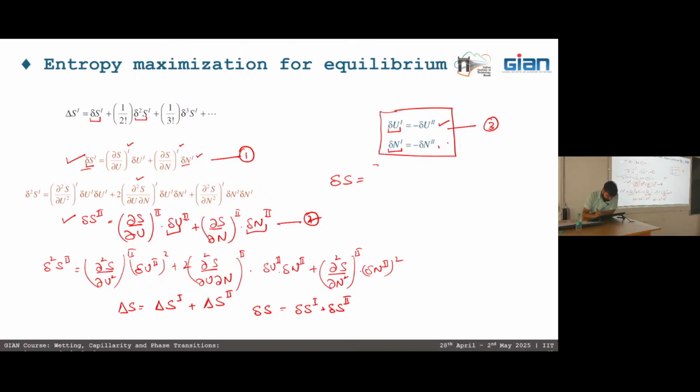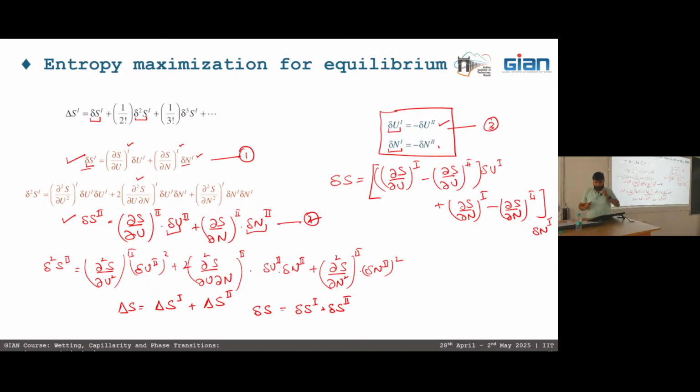I can write it as delta S by delta u for subsystem 1 minus delta S by delta u for subsystem 2 times del u1, plus del S by del n for subsystem 1 minus del S by del n for subsystem 2 times del n1.